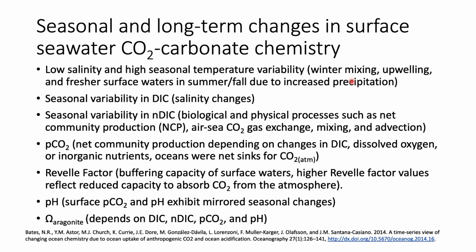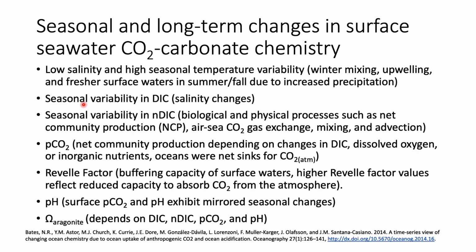Why that happens is because of winter mixing, upwelling and the fresh surface water in the summer or fall due to increased precipitation. All these things affect the salinity. In other words, the salinity reduces because more input water comes in. Similarly, the seasonal variability in dissolved inorganic carbon happens due to the salinity change.